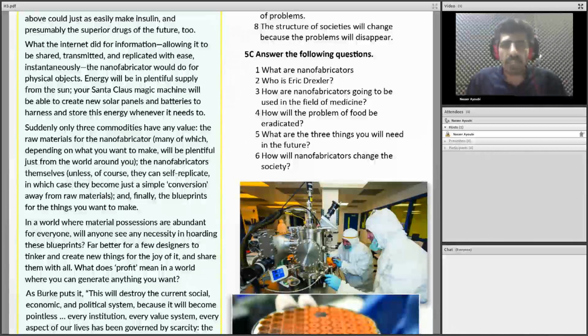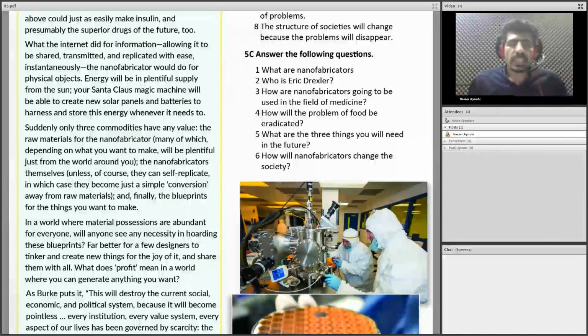With ease means easily, instantaneously, immediately. The nanofabricator would do the same thing for physical objects. It means physical objects will be shared, transmitted, and replicated easily using nanofabricators.